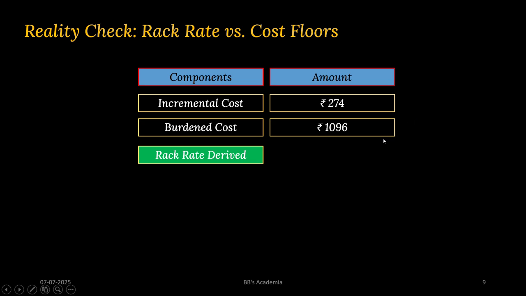Desired profit was also 274, though this figure and that figure are different. The amount looks the same, but it does not mean that it is the incremental cost. It is a net profit, the 25% desired profit. Once you add this 1096 plus 274, the desired profit, it comes to 1370. This is your reality check.